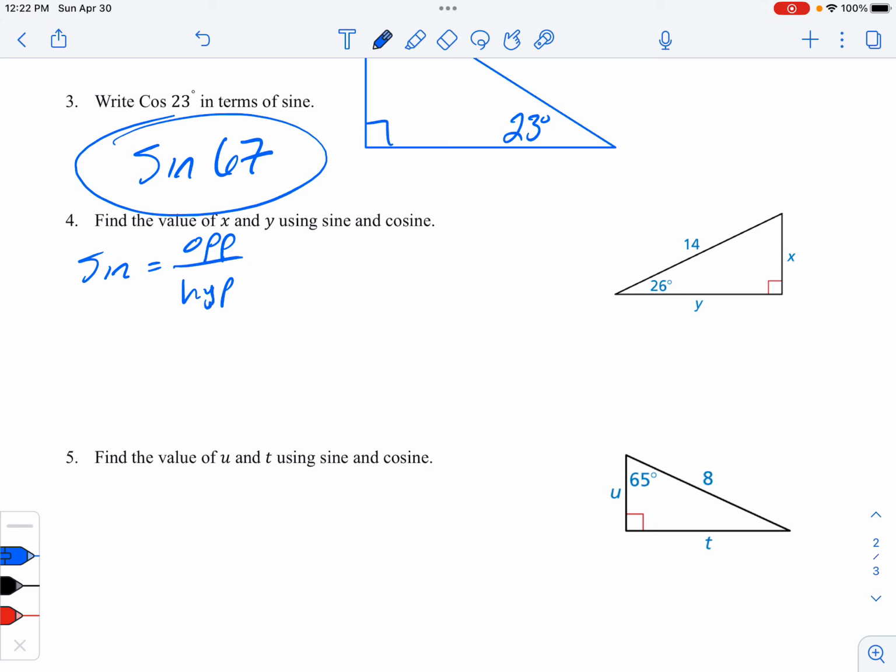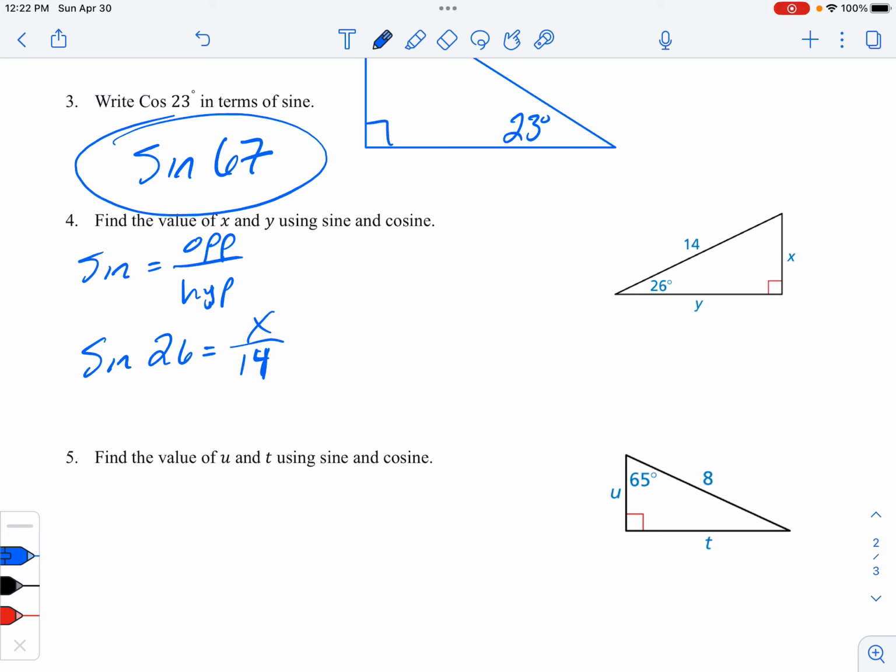So our equation would look like this. The sine of 26 is equal to opposite x over hypotenuse 14. And just like we did for tangent, we can plug the sine of 26 into our calculator and get a number. Remember, that is a ratio. When we punch the sine of 26 into our calculator, we get 0.438.